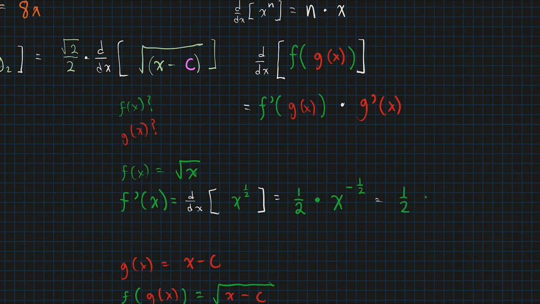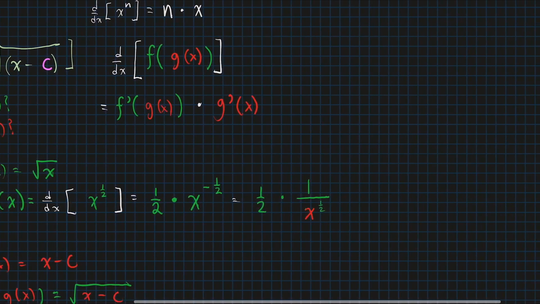1/2 times 1 over, I'll make this red actually so you can understand the next step, x to the 1/2. And if we multiply this out, 1/2 times this, we get 1 over 2 times the square root of x.